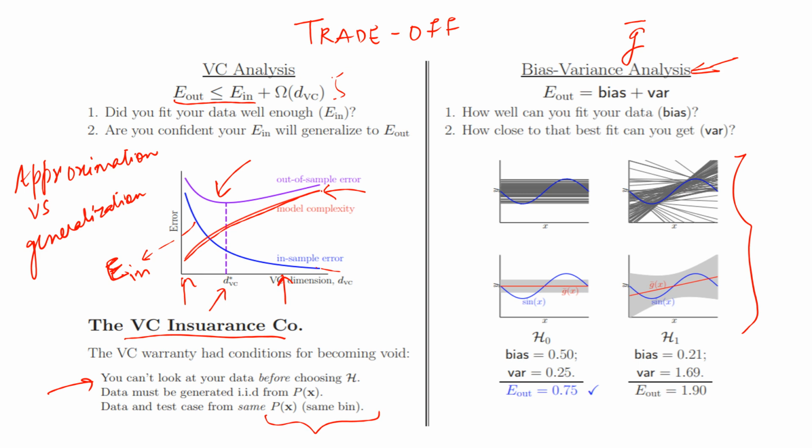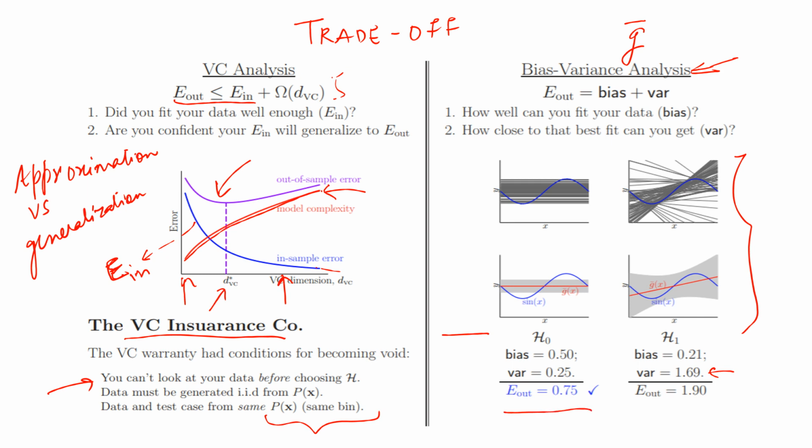In my simple hypothesis set, which was just a single line with no slope at all, we saw that my variance was really low and my bias was huge. But in this case, although this was a complex model and we said that if there were just 2 points, we could literally make the line pass through those 2 points, the variance was huge, and so the E out was humongous. And so I think a better model was the simpler model.